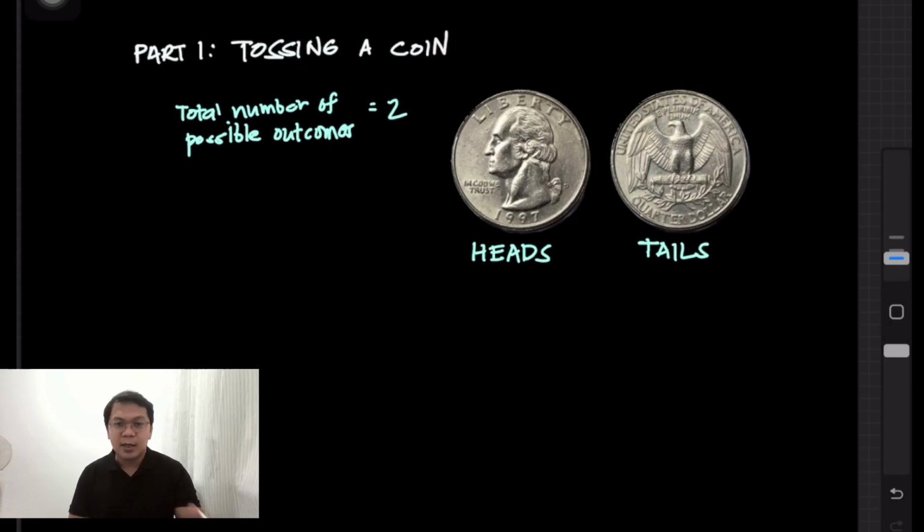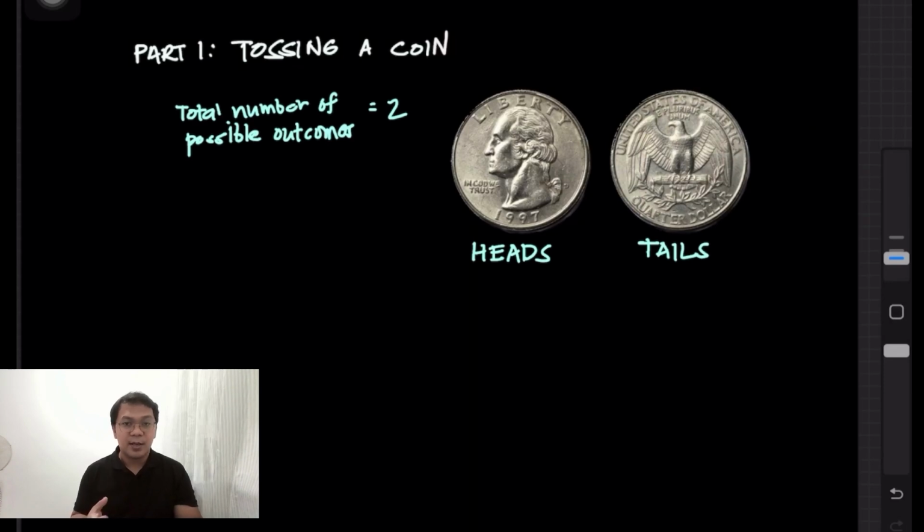And then what about getting heads or tails? Getting either heads or tails would be called a favorable outcome, right? So let's say, for example, we're trying to get heads. The favorable outcome for us, which means if we're going to bet on getting heads, is that if we get heads, that would be favorable for us.